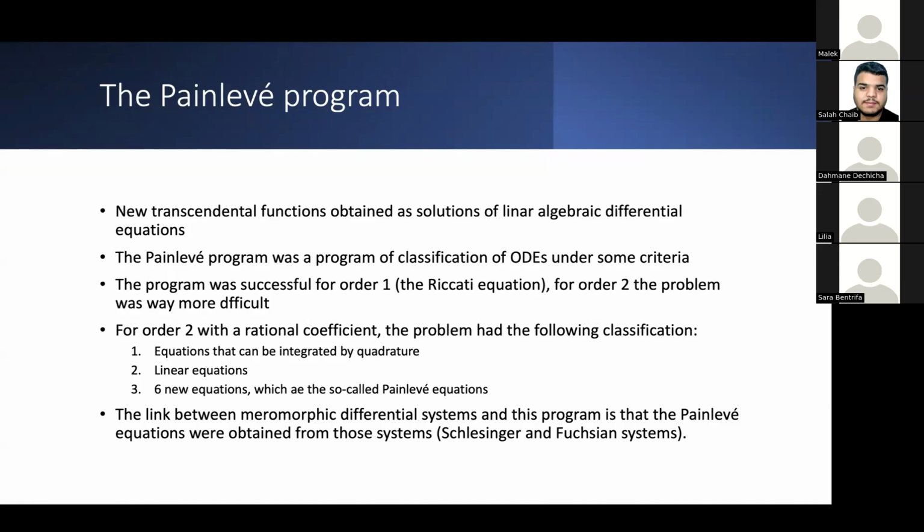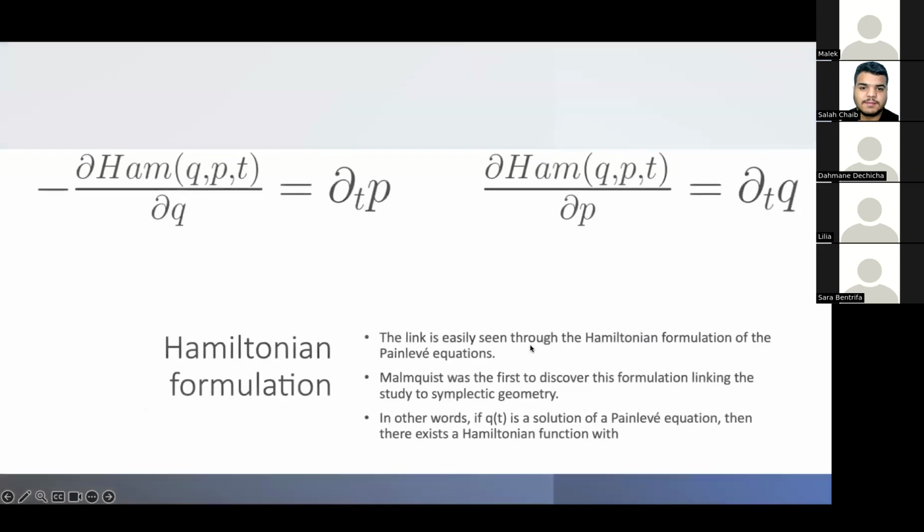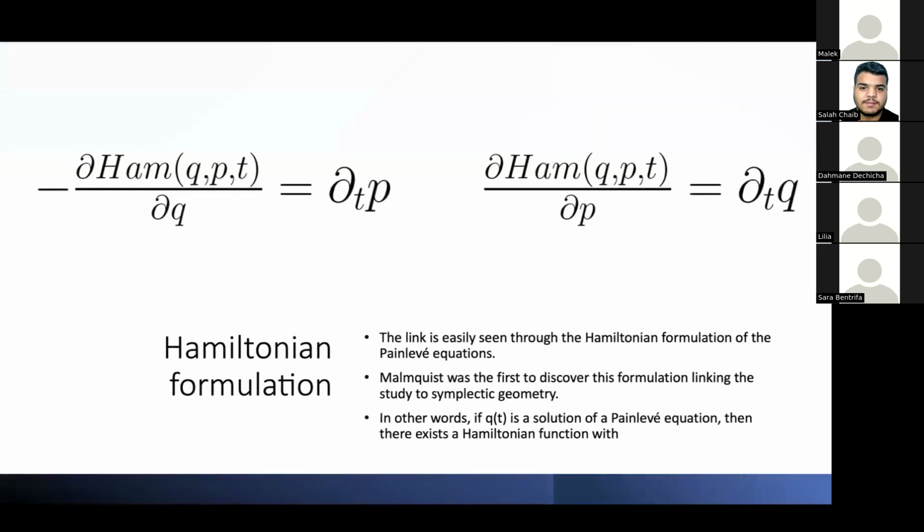Schlesinger and Fuchs worked on this, and the first equation was actually discovered by Fuchs, which was the Painlevé 6 equation. And then the other equations followed after. This was also done because of a formulation of the Painlevé equations, the Hamiltonian formulation. It was Malmquist who formulated this.